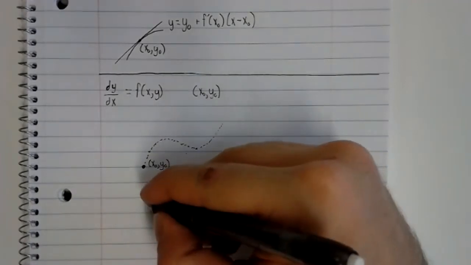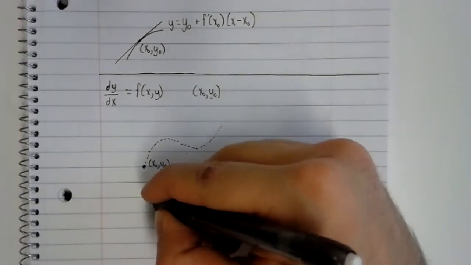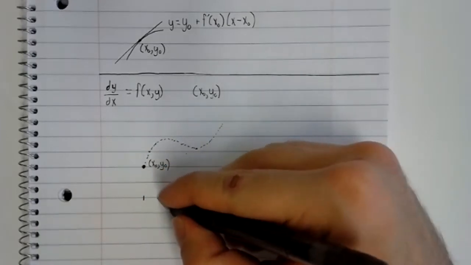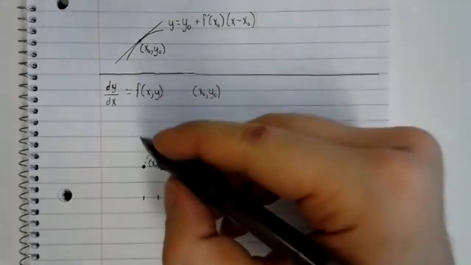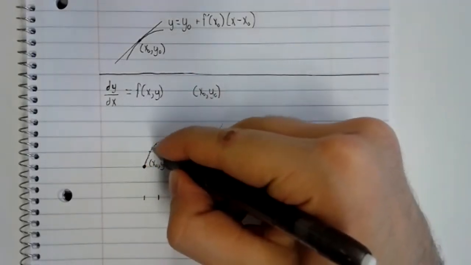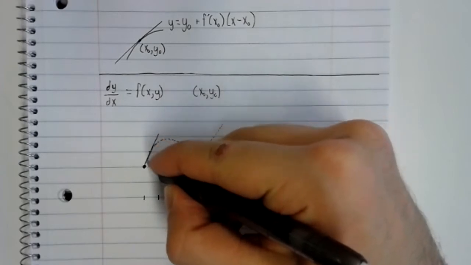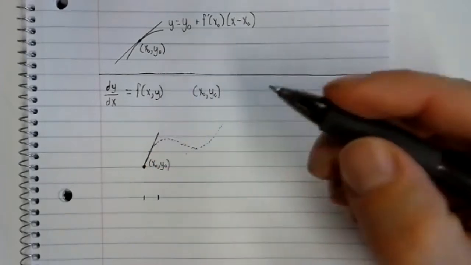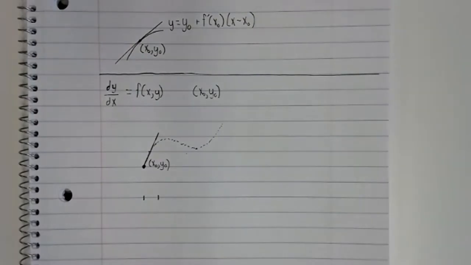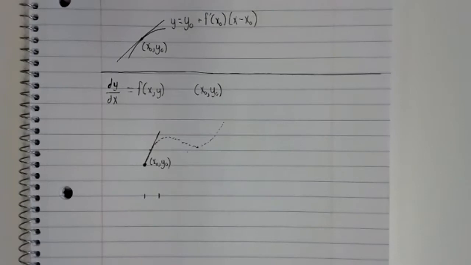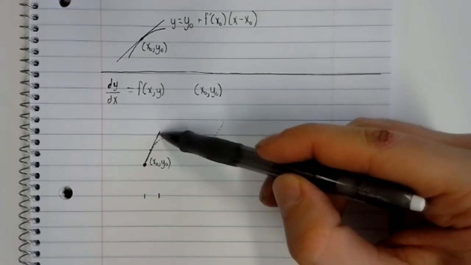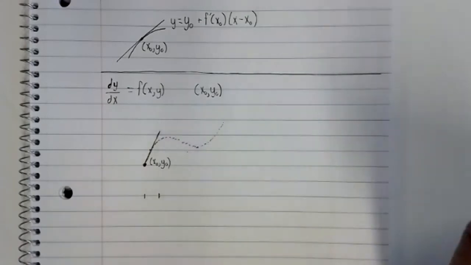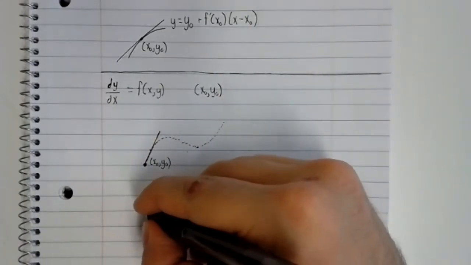And on a small interval near the initial condition, this linearization is a pretty good approximation of the curve. It is starting to break down a little towards the end of this interval.